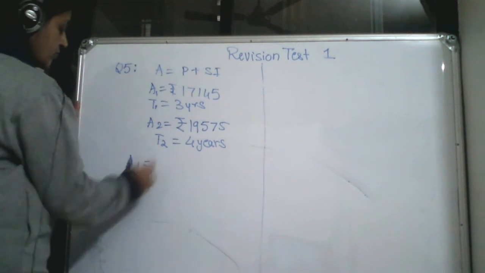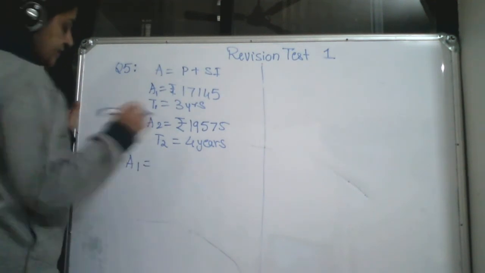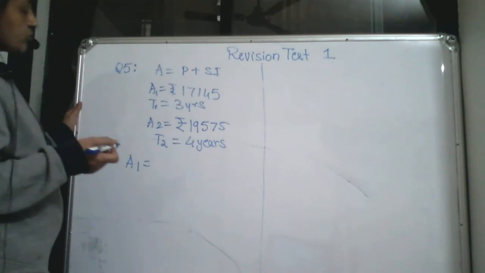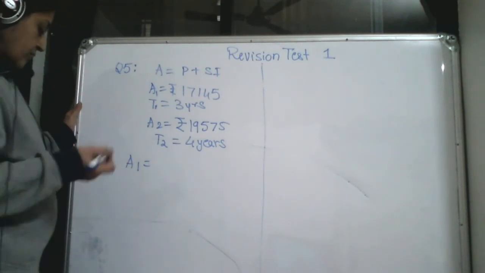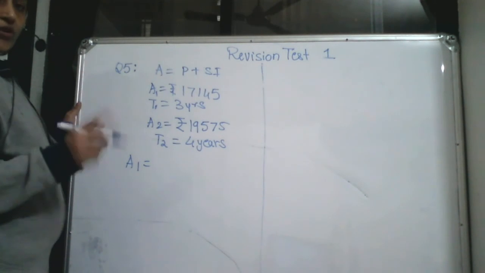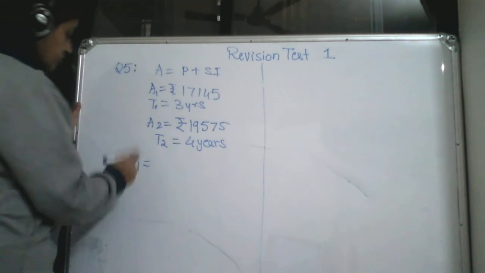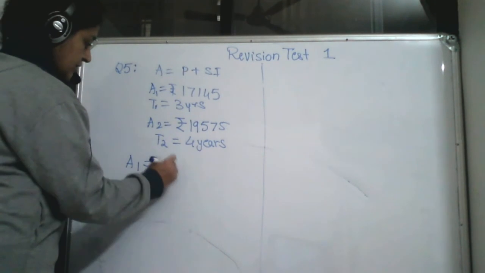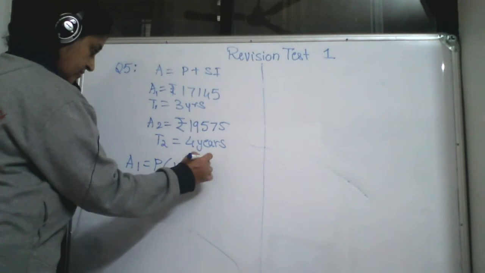A1 is equal to what? Here the simple interest can be implemented, or else you can implement compound interest. Compound interest will be for 1 year time period. So that can also be done. So P into bracket 1 plus R upon 100 to the power n.